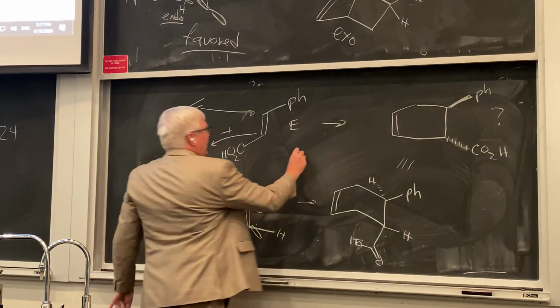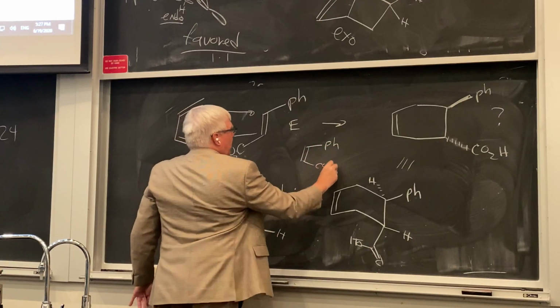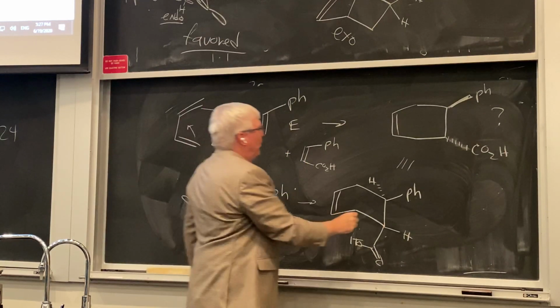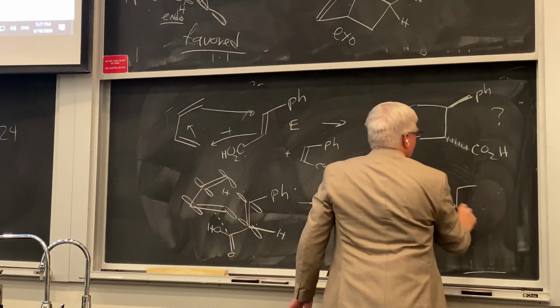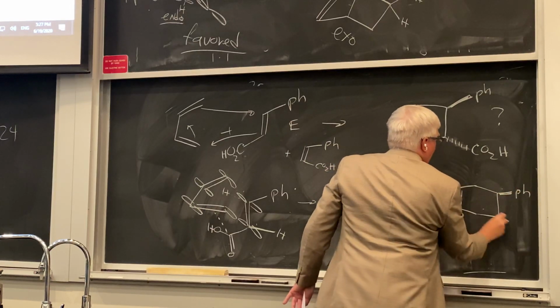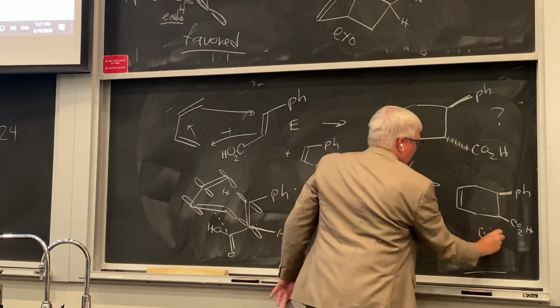So if we had the cis form of this, we could go through the same thing, right? With butadiene and the cis form. And what would it form here? Same product, except with what? Cis stereochemistry here, right?